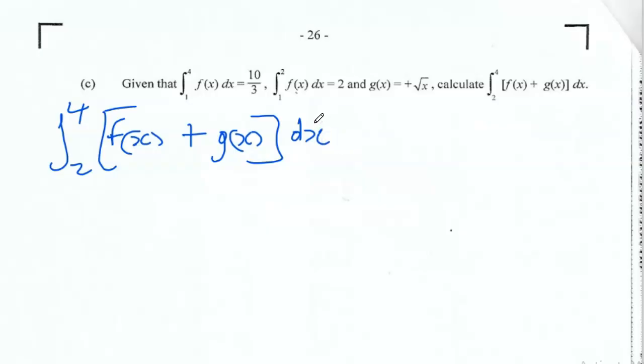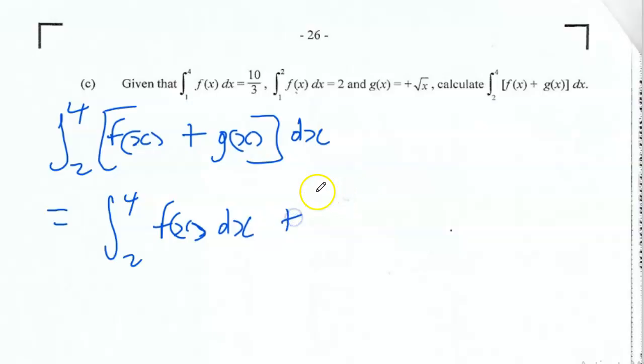Of course we can break this up. This can be rewritten as the integral, same limits, of f of x dx plus the integral of g of x dx between the same limits 4 and 2.